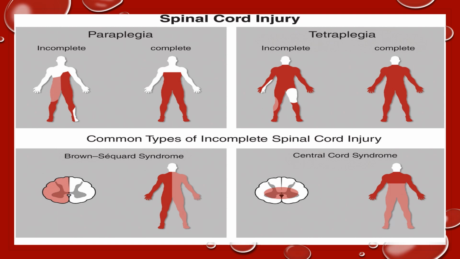The common types of incomplete spinal cord injury: Brown-Séquard syndrome, that is the hemisection of the spinal cord, and if the central canal is involved, that is the central cord syndrome, as in syringomyelia. And if only the posterior column is involved, that is tabes dorsalis, which is seen in syphilis.